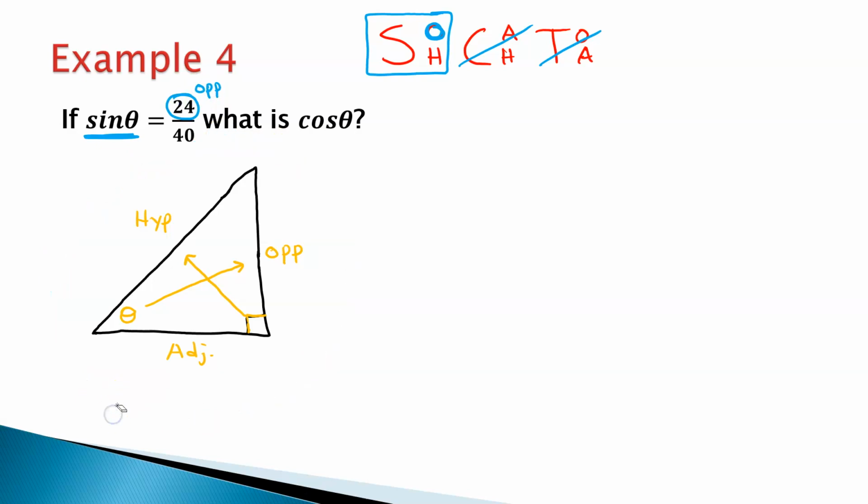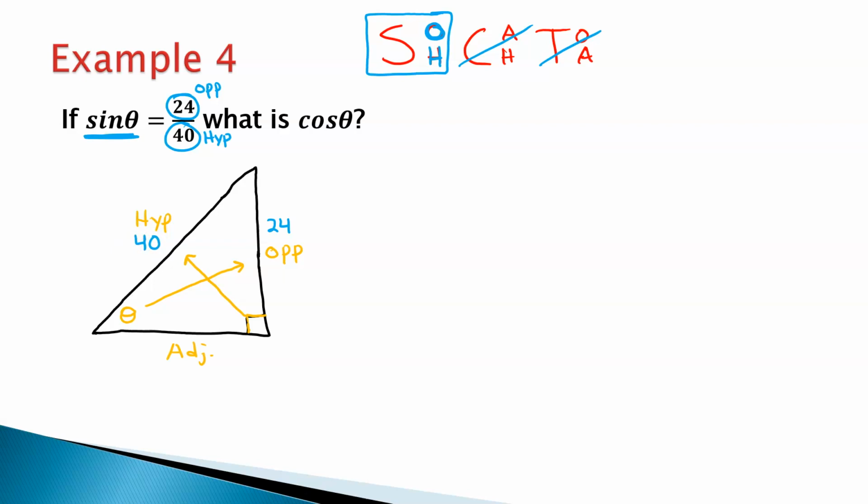So guess what we're going to label over here? 24 in my picture. Find your opposite side. Go ahead and put 24. And then, of course, sine, the bottom number of that fraction, that is H. H down here represents your hypotenuse. So we'll go ahead and plug in 40 into my picture, right by the hypotenuse.